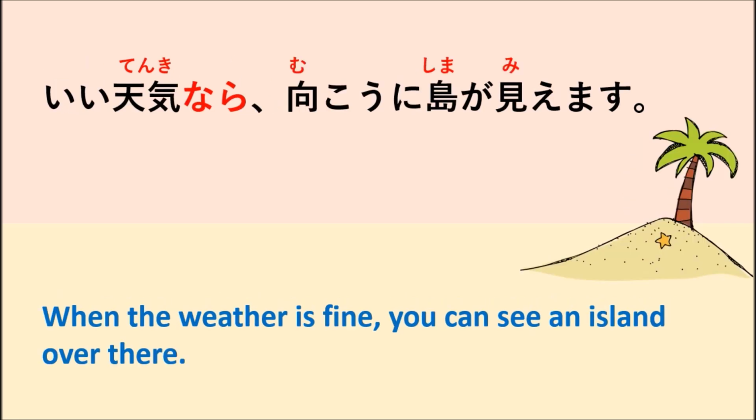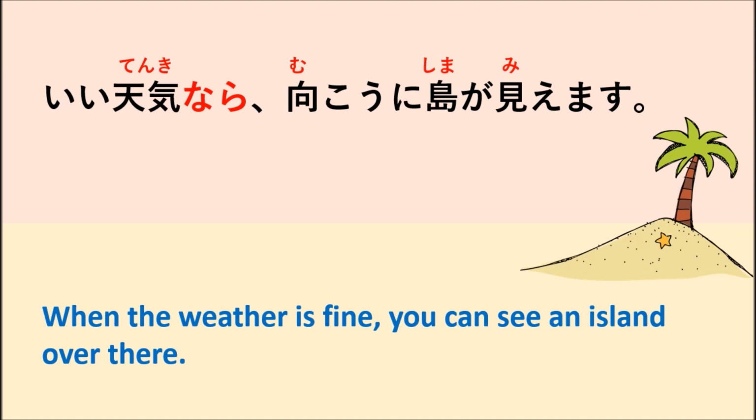Another sentence. いい天気なら向こうに島が見えます。When the weather is nice, you can see an island over there.